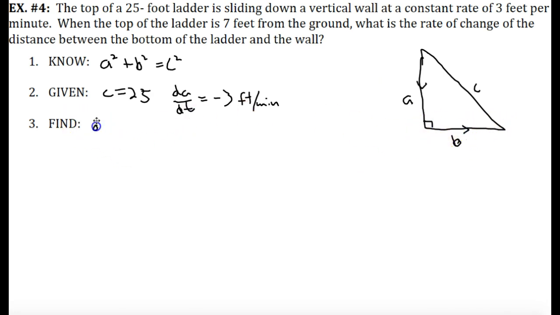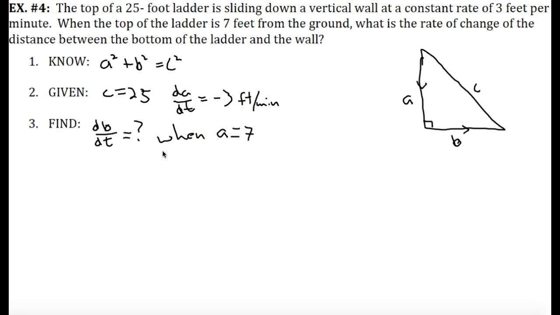My goal is to find dB dt when the top of the ladder is 7 feet from the ground, so when A equals 7. Now the reason I didn't put this up here in my given is because this is something that's changing. A is changing every second, but what we want to find is dB dt at the instant when A equals 7. So that's why I put it down here in my find.